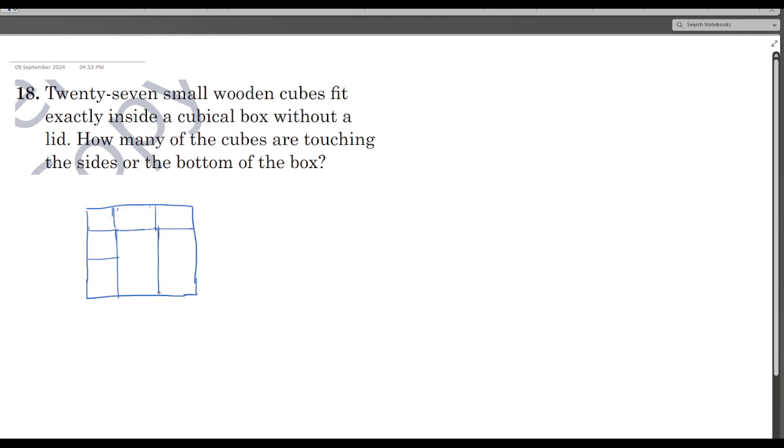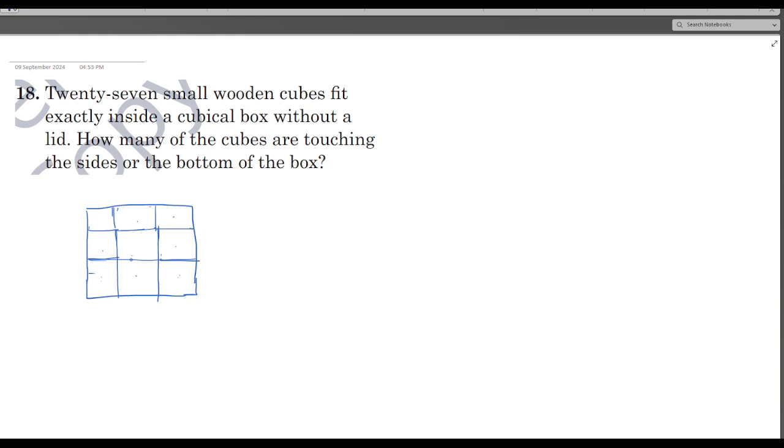In this direction also you have 1, 2, and 3. So 1, 2, 3, 4, 5, 6, 7, 8 and this 9. Total 9 cubes. And you have 3 such layers. So a total of 27 cubes will fit in one box.